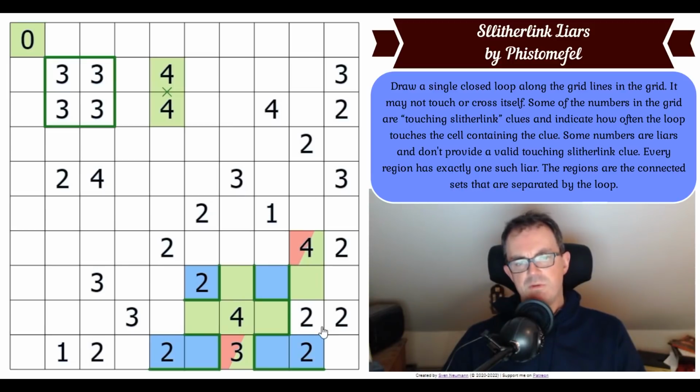Either this is also green, in which case this green is not different, or this is blue, and now the loop is touching itself at this point, which is not going to be sensible. So this square is not green and is blue. The same logic applies here. This square is not green, or again the greens are connected, and we've got two incorrect greens. So that's blue.